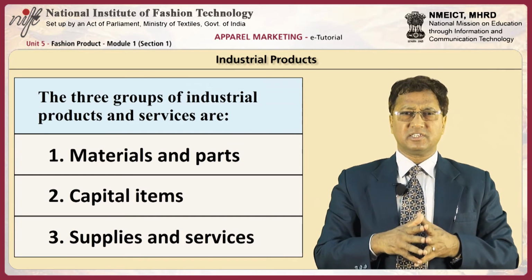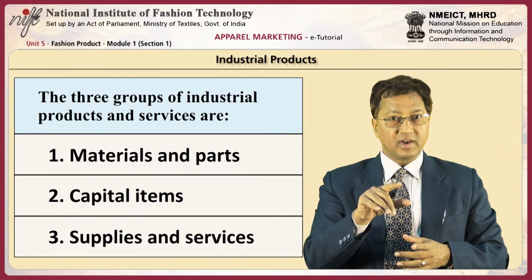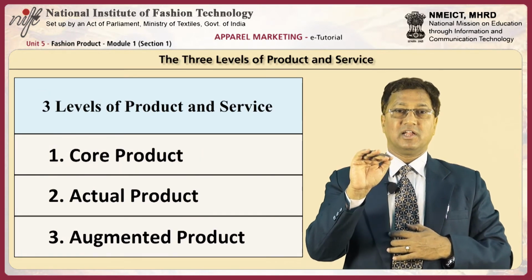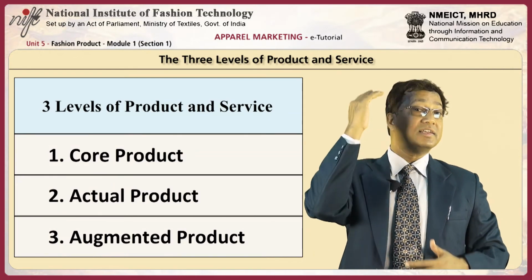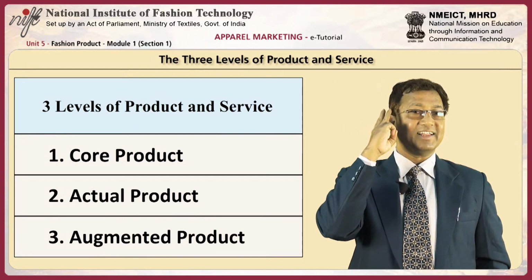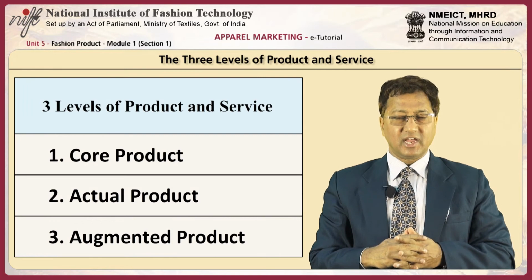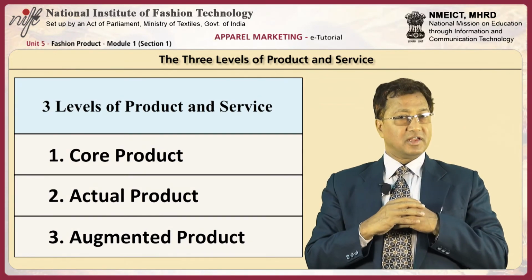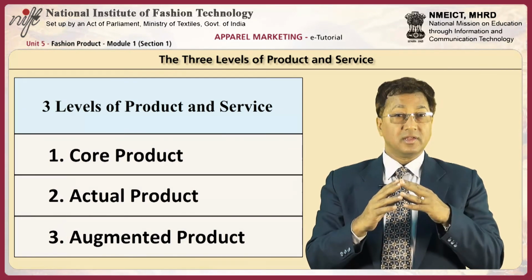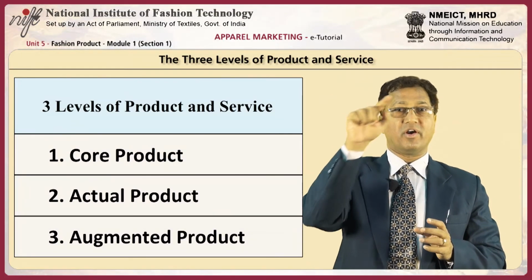So, such services are usually supplied under contract. Hence, product and service exist at 3 levels. Those are core product, actual product, and augmented product.